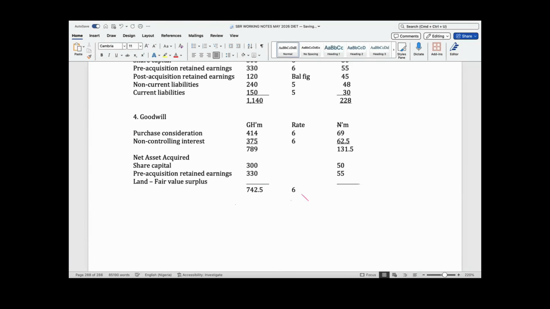I can translate it. How much will this give us? 123.75. So what's the balancing figure here? 112.5.